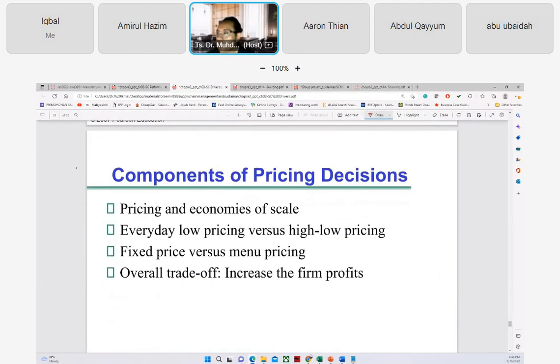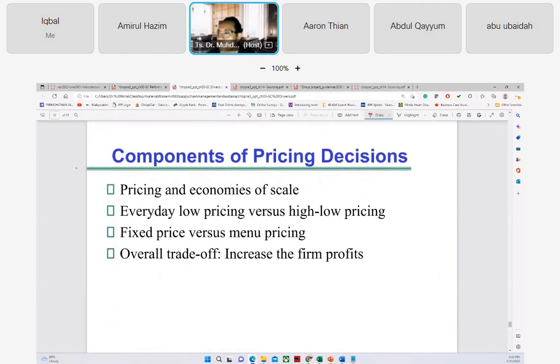Okay, so component of pricing decision, number one, pricing and economy of scale. Okay, everyday low pricing versus high-low pricing. Okay, so you can compare AirAsia with Malaysia Airlines, for example. Let's say AirAsia goes for very low pricing compared to Malaysia Airlines, right?